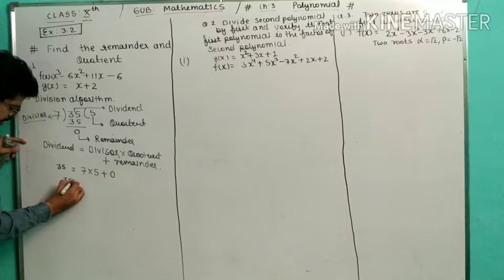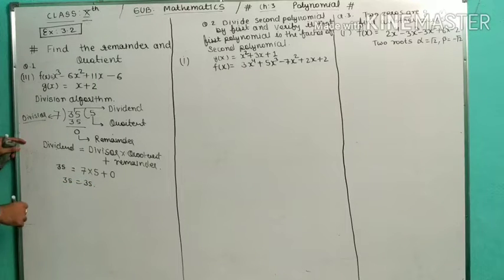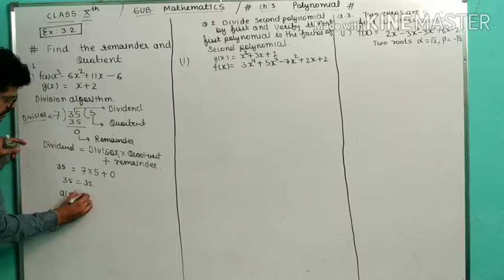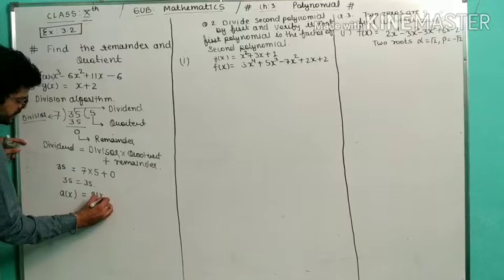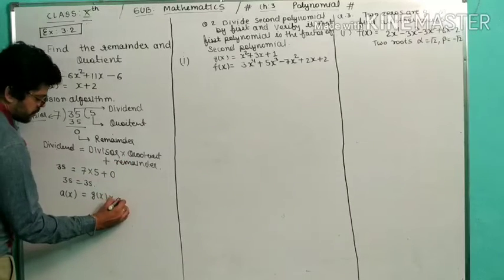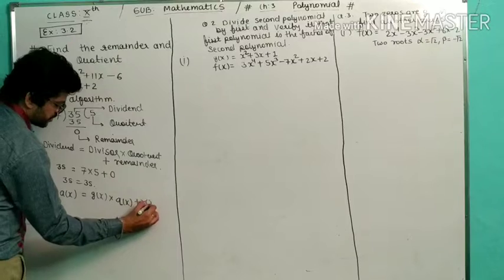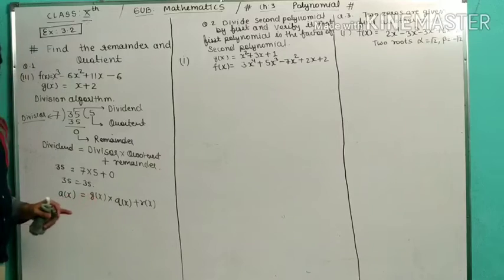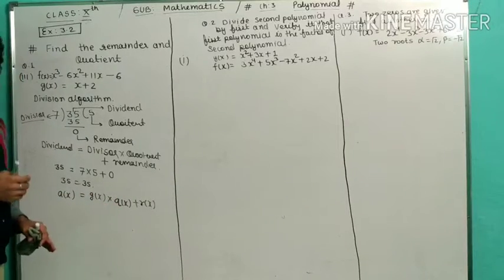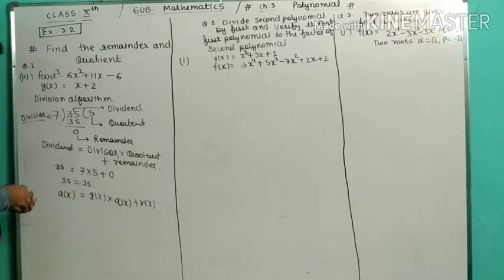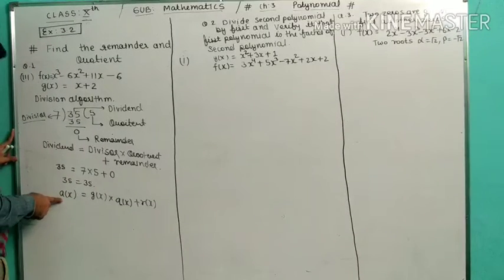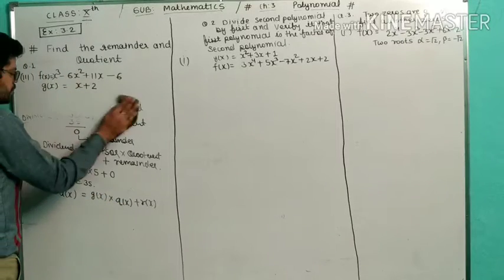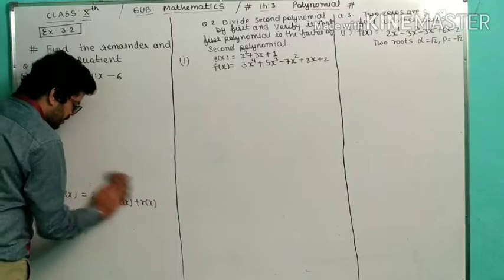You can see that 35 equals 35, which means this is the division algorithm. Here the dividend is represented by f(x), the divisor by g(x), the quotient by q(x), and the remainder by r(x). By using this division algorithm we have to find the remainder and quotient. Hopefully you understood the division algorithm.